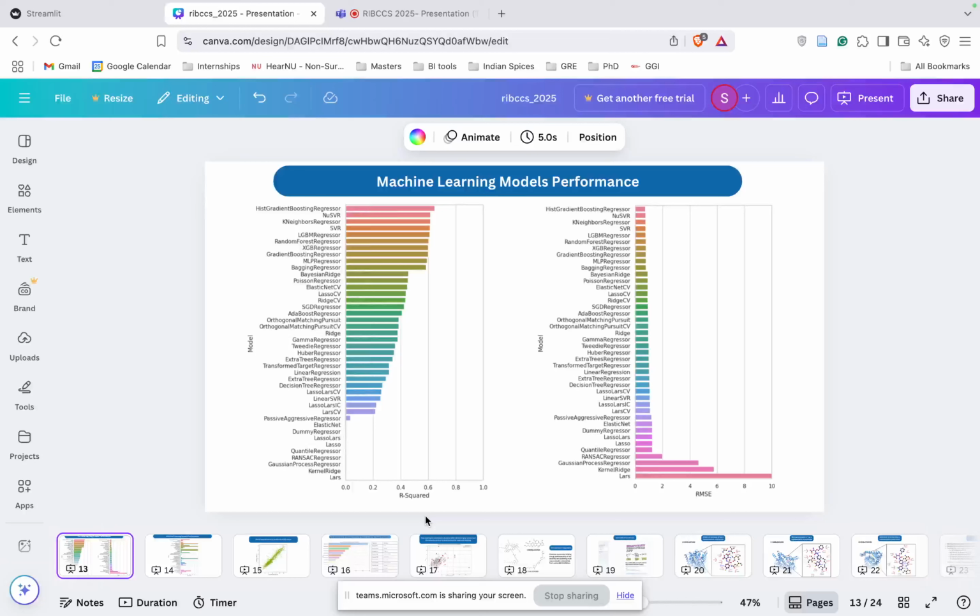So the variance could be explained better, at 0.62, with the histogram gradient boosting regressor. RMSE gives you the root mean square error. Basically, it gives you the difference between the actual value and the predicted value. Here you can say it is less than 0.5, which is basically a good thing. Okay, thank you. Thank you so much.